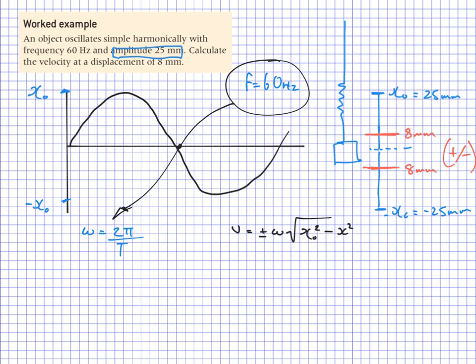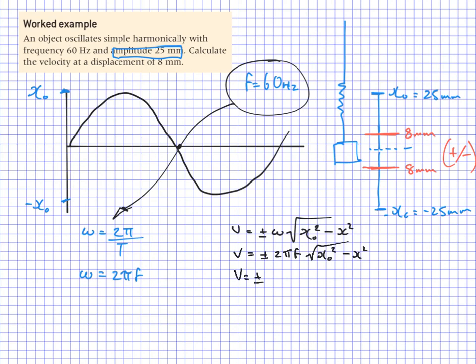We also know that period is the inverse of frequency, so omega is going to be 2 pi f. So really all we're doing now is plugging it in. I can say that the velocity is plus or minus 2 pi f, the square root of x naught squared minus x squared. Let's go ahead and plug these numbers in.